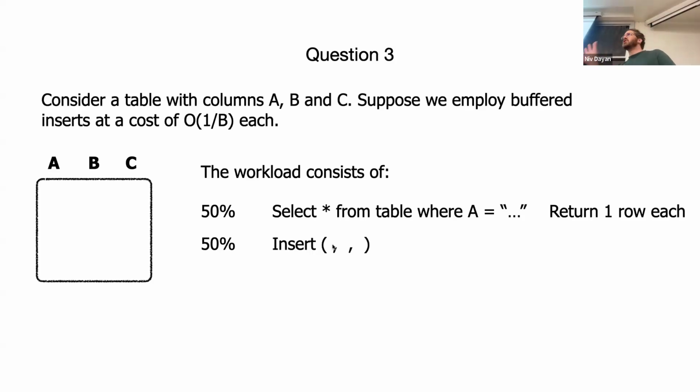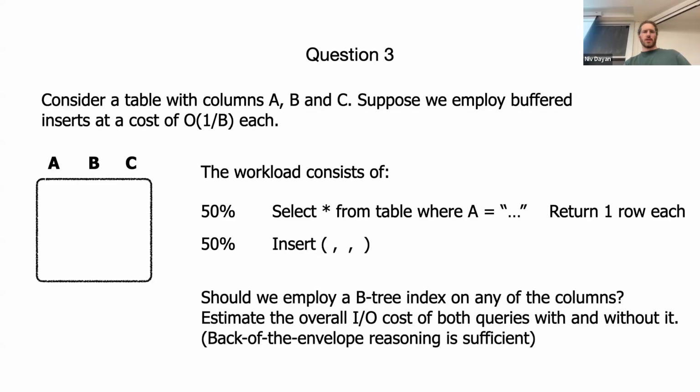No updates, no other kind of query. The question is, should we employ a B-tree index in any of the columns? Estimate the overall IO cost with and without the index.